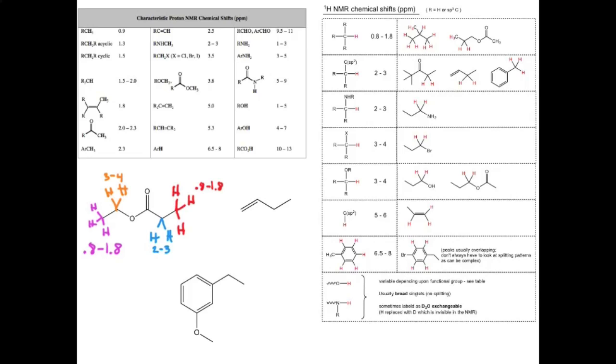Alright. If we look at our next molecule, I'm just going to erase a little bit here so I have a little more space. Let's look at our hydrogens here. We have two hydrogens on our alkene. Technically, these 2 hydrogens are non-equivalent.